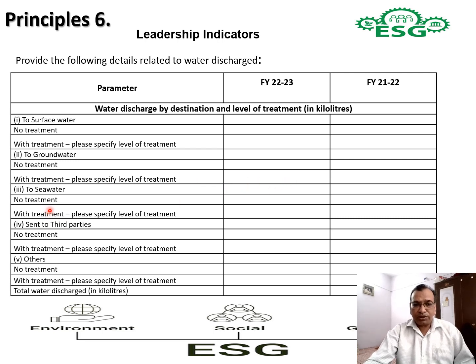When you discharge to seawater without treatment or with treatment, or when you are discharging to third parties like common effluent treatment plants or to other destinations apart from the above four, then you have to disclose under these others for the current financial year and previous financial year. These values are to be reported in kiloliters.